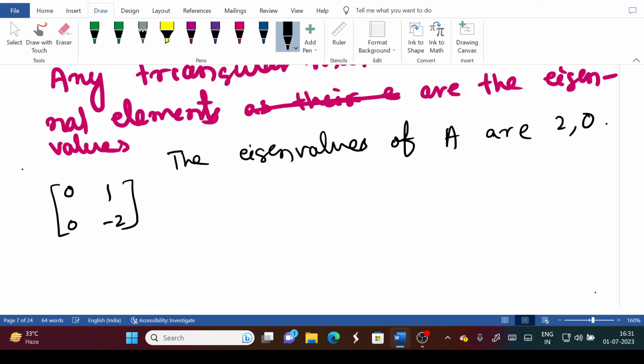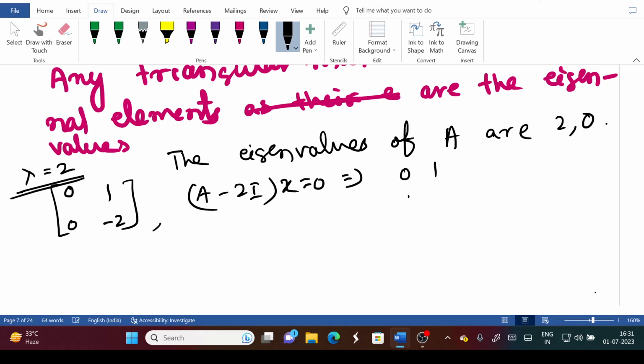This matrix for lambda equal to 2 is A minus lambda I. So (A minus 2I) x equal to 0 implies [0, 1; 0, -2] times (x1, x2) equal to (0, 0).